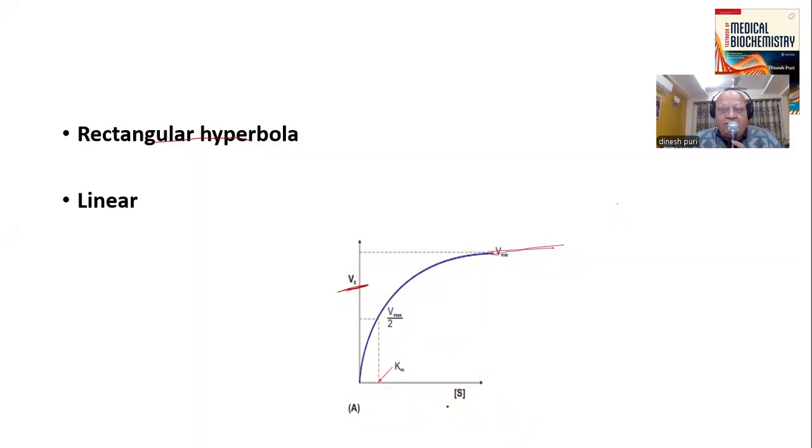Why? This why is the most important thing we are going to discuss. Now, what happens is that initially, as you add the substrate, it immediately finds an enzyme active site to bind with, because the enzymes are present in adequate amount. But as you add more and more substrate, more and more active sites become occupied.